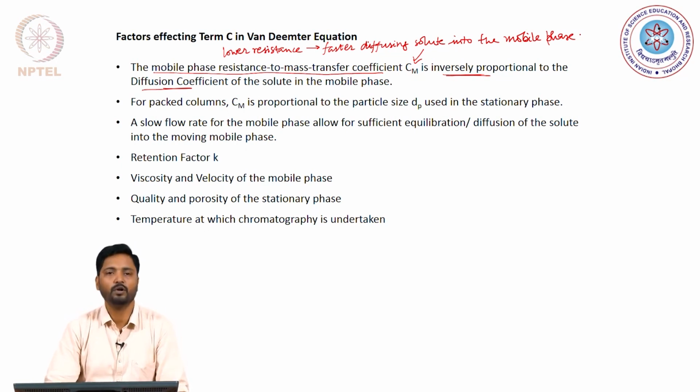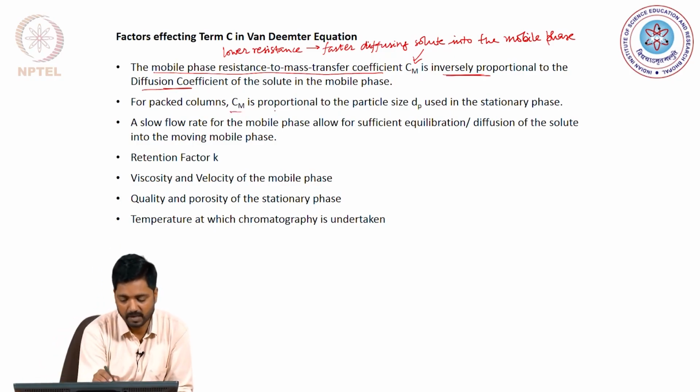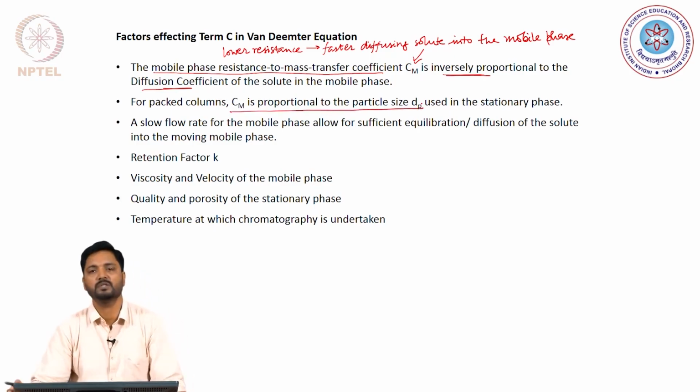Now, also for packed columns, it has been found that the larger the particles, the bigger will be the voids present in them, and hence Cm is found to be proportional to the particle size used in the stationary phase.